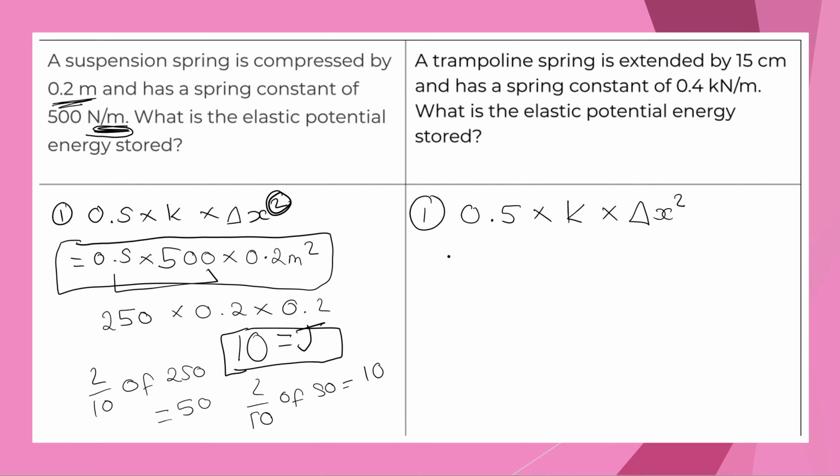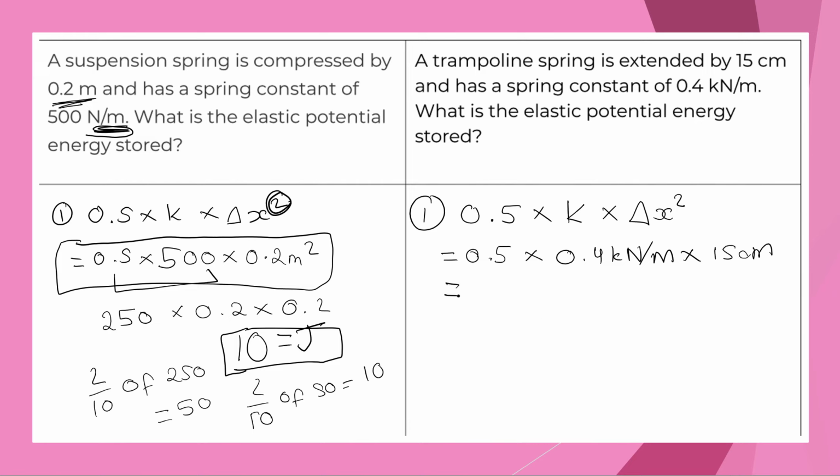So we have 0.5 multiplied by our spring constant, which is 0.4 kilonewtons per meter, multiplied by 15 centimeters.